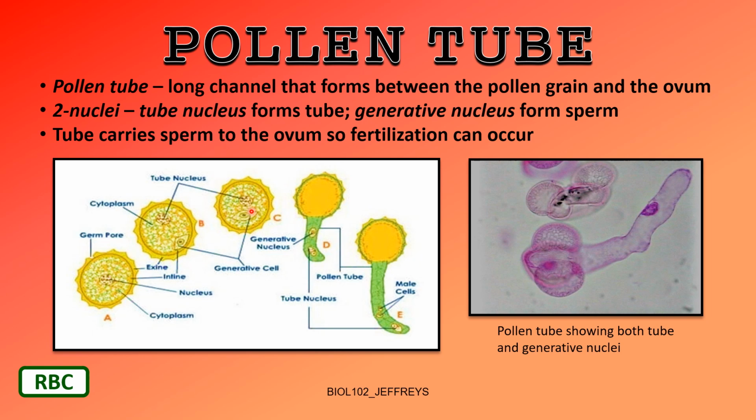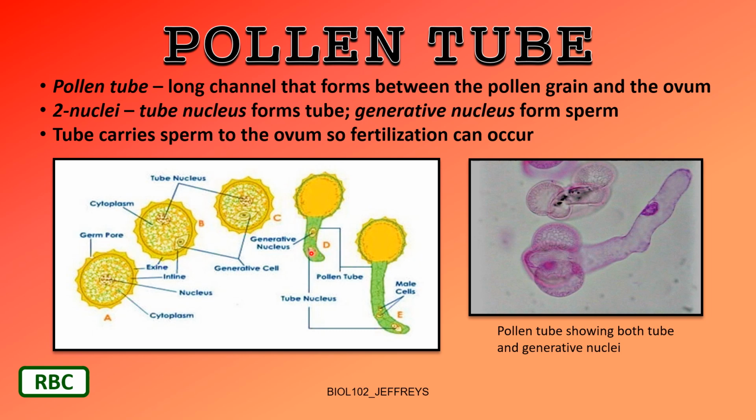Now, the tube nucleus obviously is going to generate the tube, right? It's going to propagate the tube. So it's called the tube nucleus. The generative nucleus eventually will divide and form the two sperm cells. So here we see the tube nucleus leading the way, forming the tube.